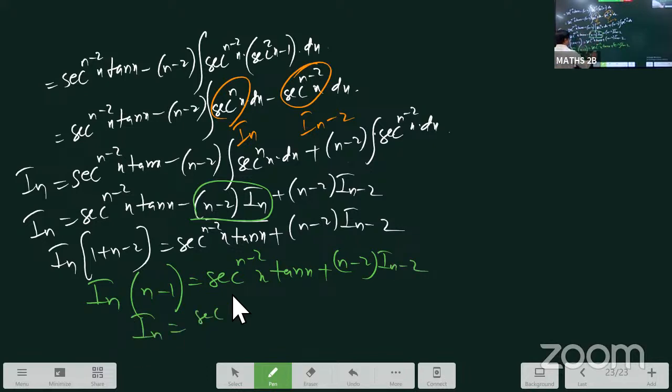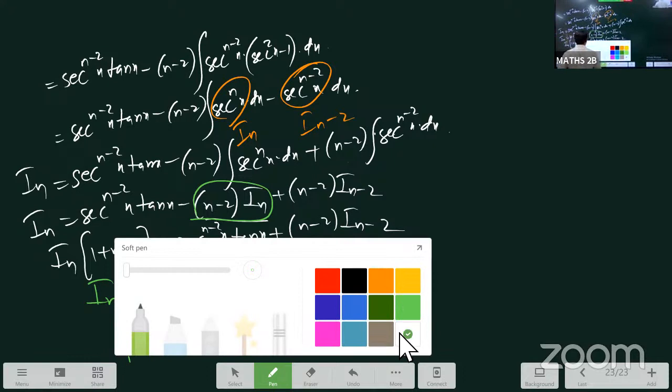That is secant to the power n minus 2 x tan x by n minus 1, plus n minus 2 by n minus 1 I_{n-2}.